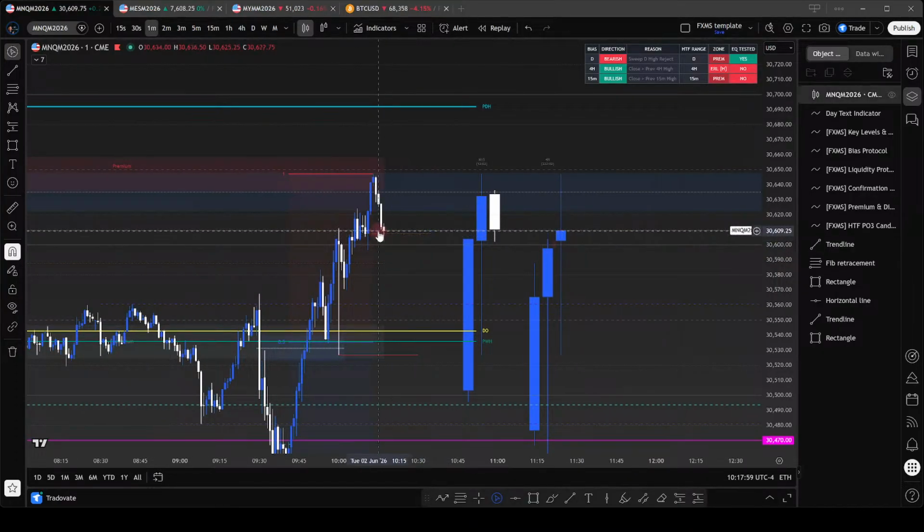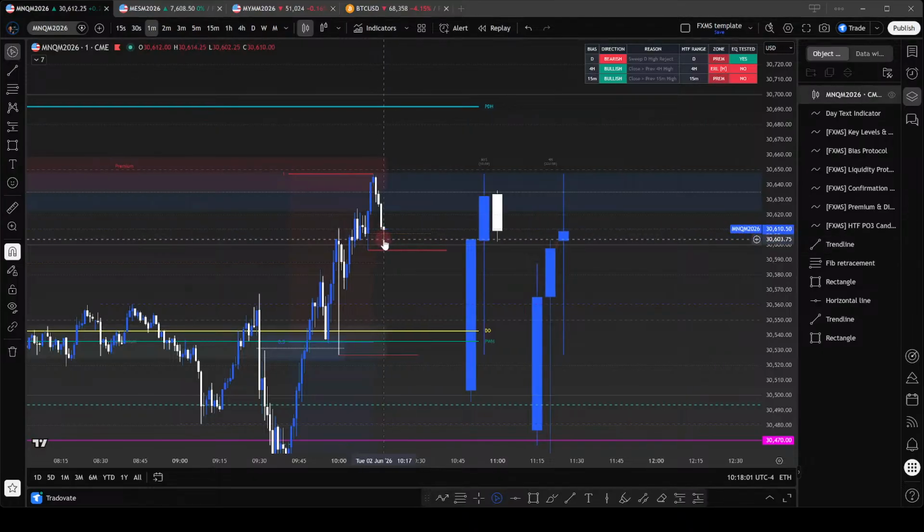Okay, almost, not quite. Didn't close below. Let's see what the next candle does.